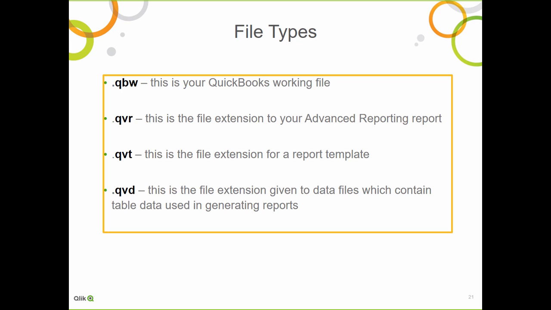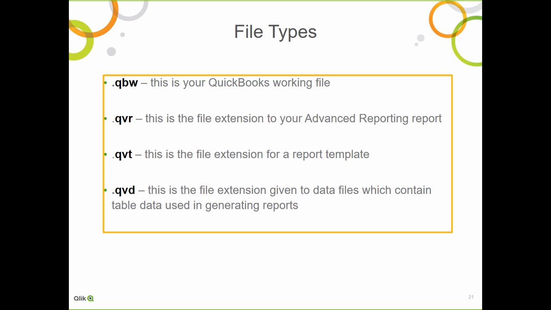Once you open that file, or when you create a file from scratch, it becomes a QVT. That's the file extension for QuickBooks Advanced Reporting templates. The QVD is the data from QuickBooks that is now in the QlikView format, and that's where all the data is stored that the reports are being generated from.